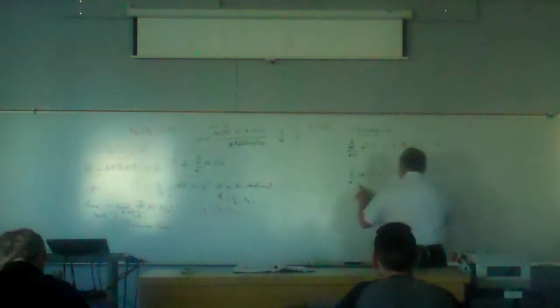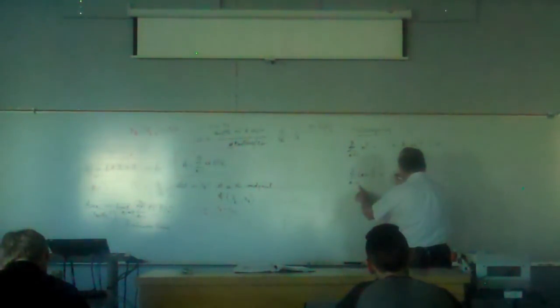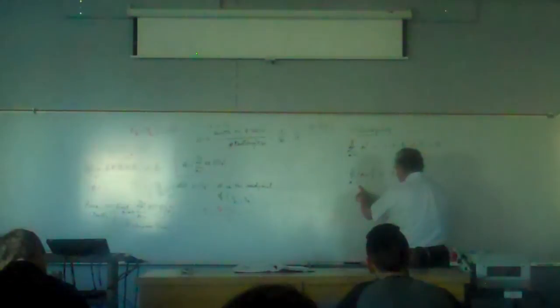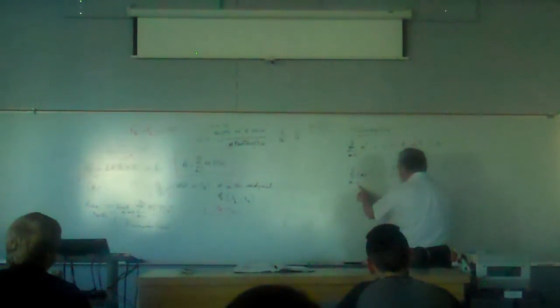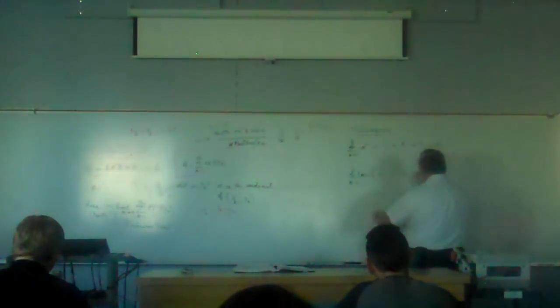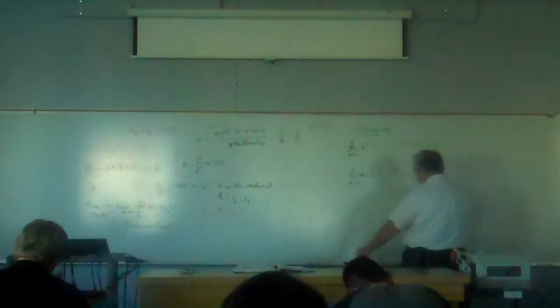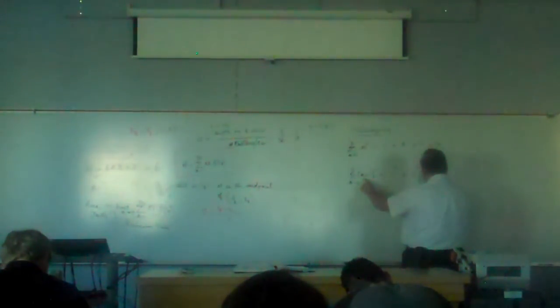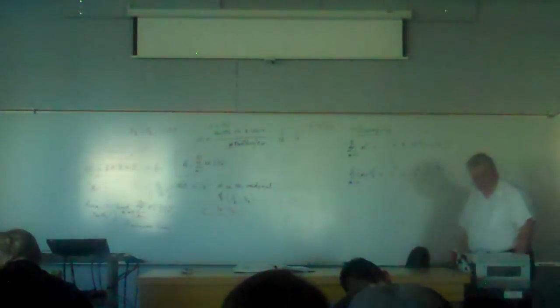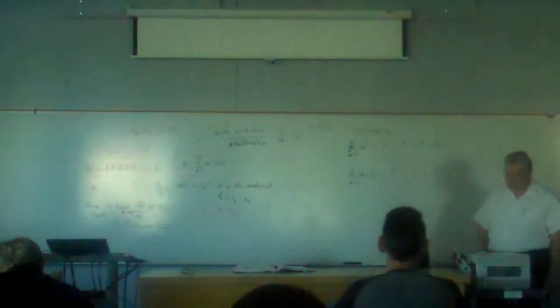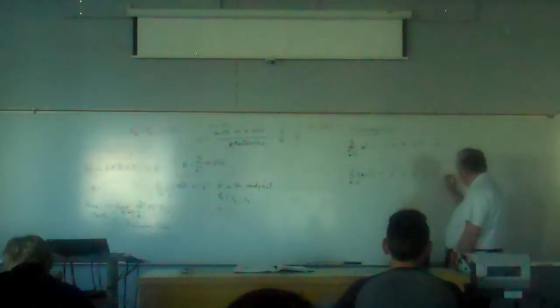If n is 0, don't I get 1 squared? If n is 1, don't I get 2 squared? And if n is 2, don't I get 3 squared? Do you agree?